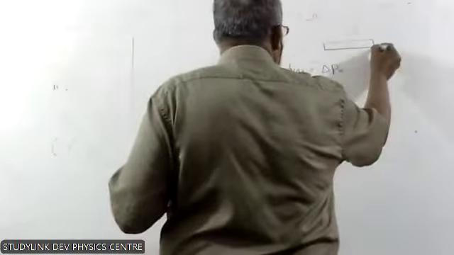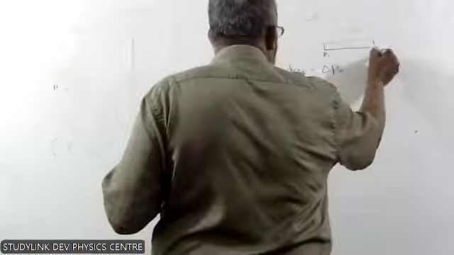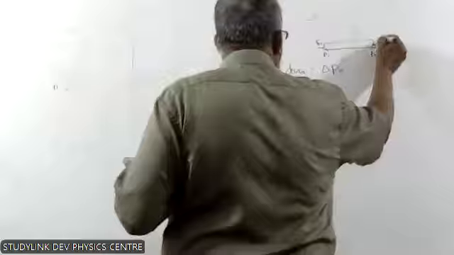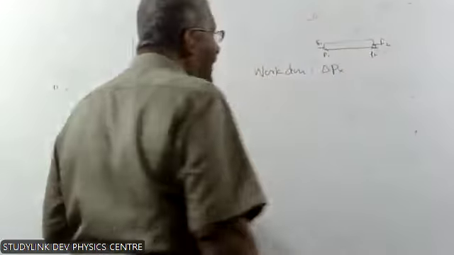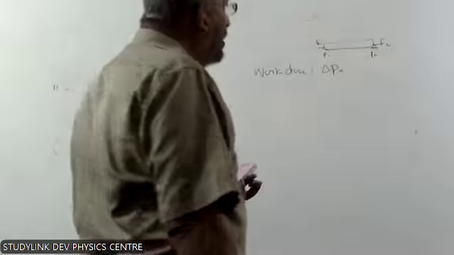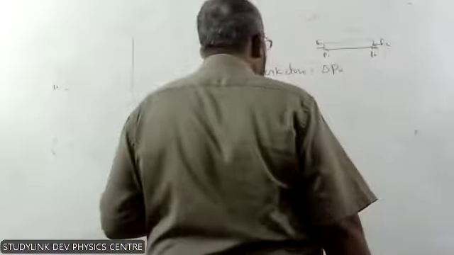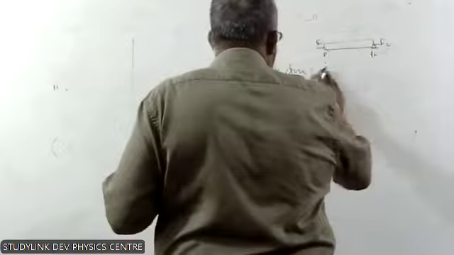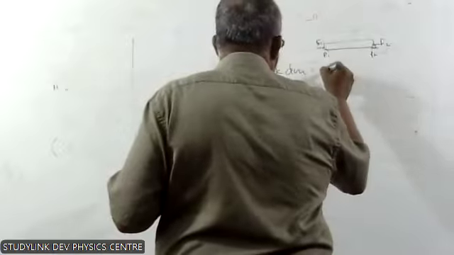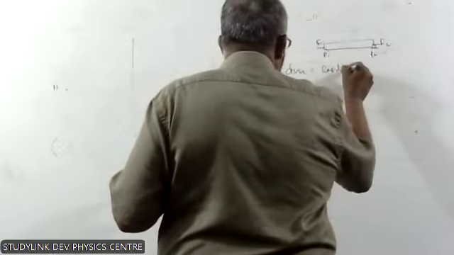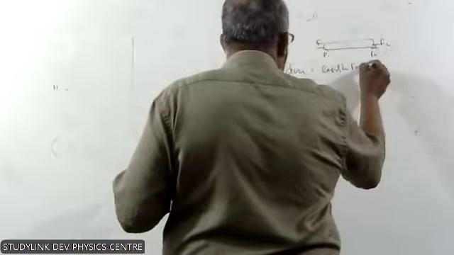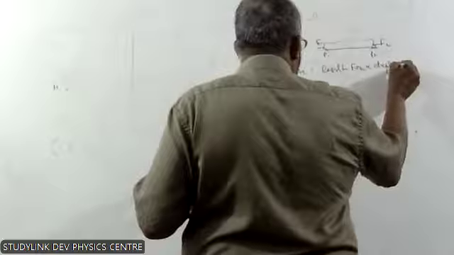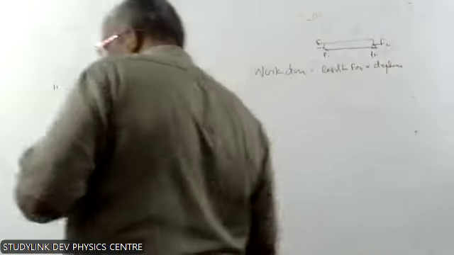When you consider P1, P2 pressures, and here F1, F2, they asked us to find the resultant force. We found it. But here work done is resultant force into displacement. That is what you have to write.